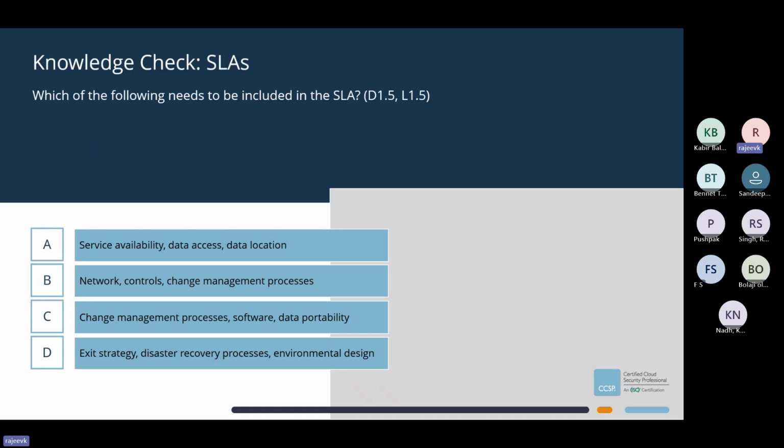Quick question: which of the following needs to be included in the SLA? That will be A, I think. A, so service availability, data access and data location, right? Yeah, okay.